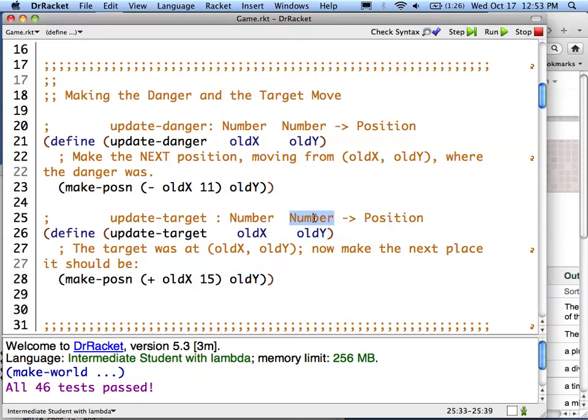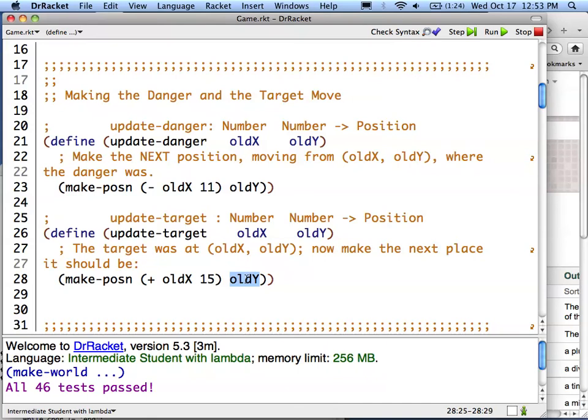That's old y, and we know that it's a number because update target's contract says so. And the range of make position is a position, which is great because the range of update target is also position, and so this all fits together. We will make a position at old x plus 15. That's 15 pixels to the right of old x, and the same old y, not changing it at all.